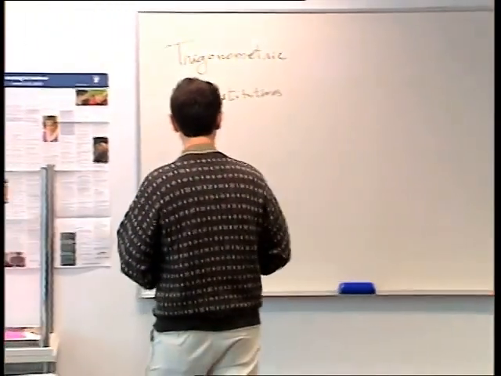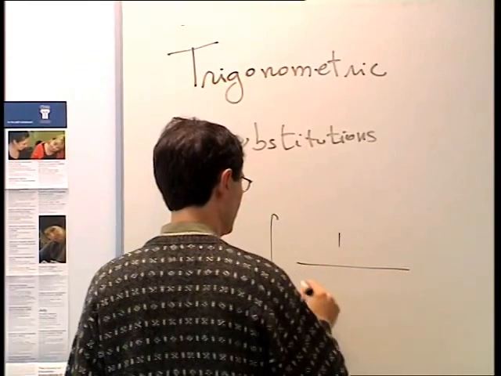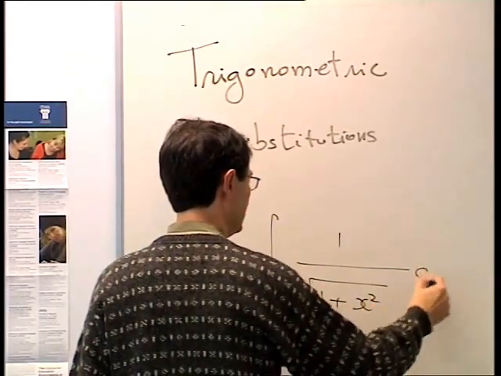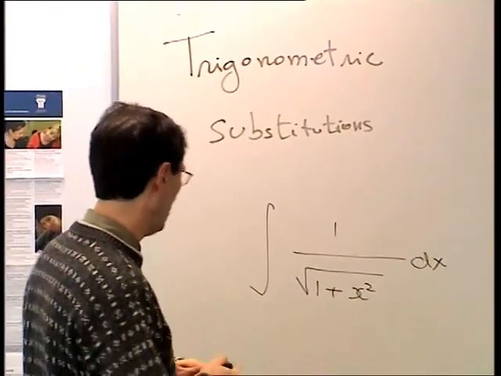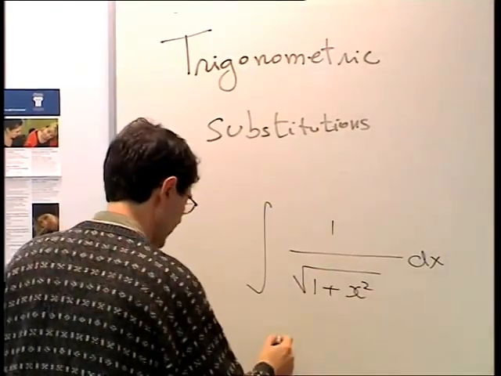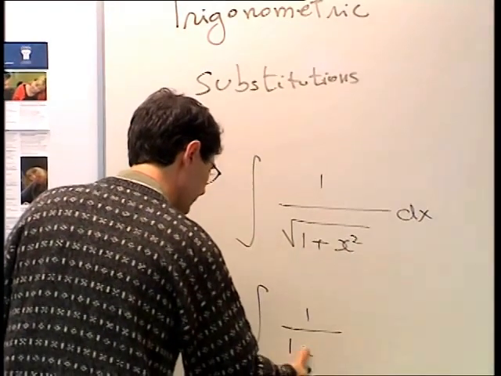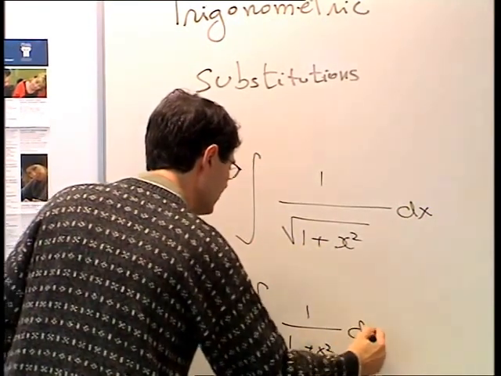For example, the integral of 1 divided by the square root of 1 plus x squared dx. Or, you don't even need the square root there. 1 divided by 1 plus x squared dx.